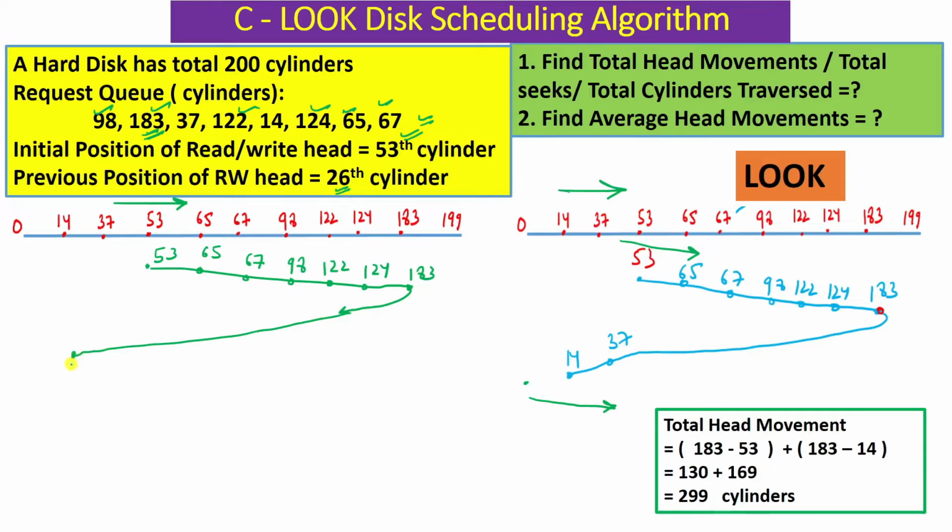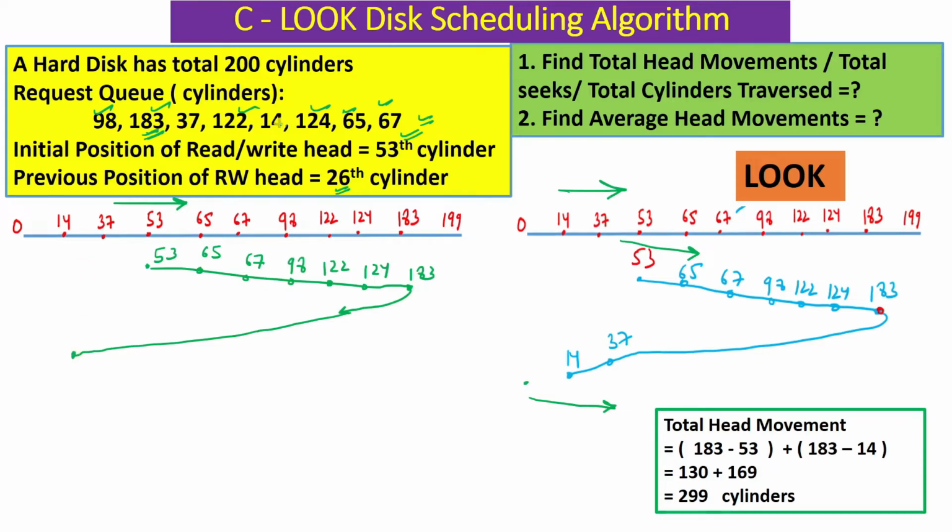But as we saw in the C-SCAN algorithm, when we were reversing our direction we were coming to 0. You can watch that video on C-SCAN, where we were coming from 199 to 0. But here we are coming from 183 to the request 14, because 14 is present here.